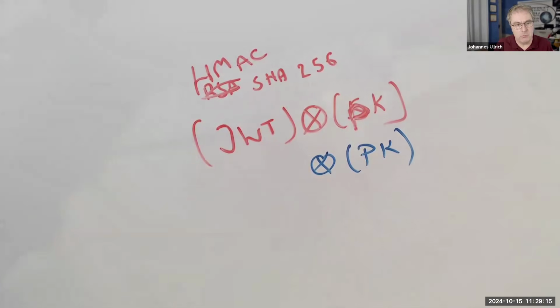The public key, I know it's public, that's what's called public key. And by changing the algorithm from RSA to HMAC, I'm able now to use the public key, not just to verify the signature, but also to create the signature. So anyway, let's just go back here and do it.